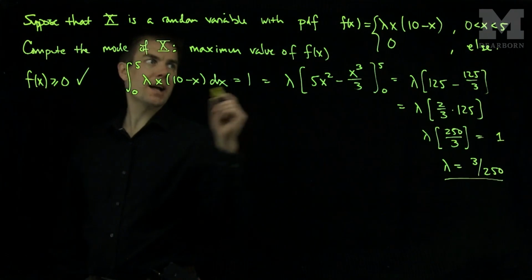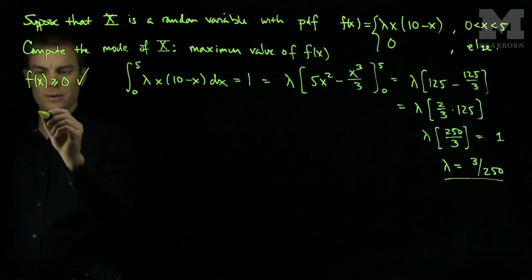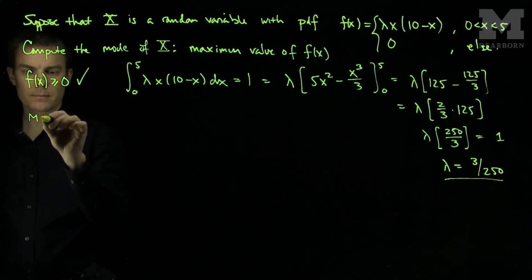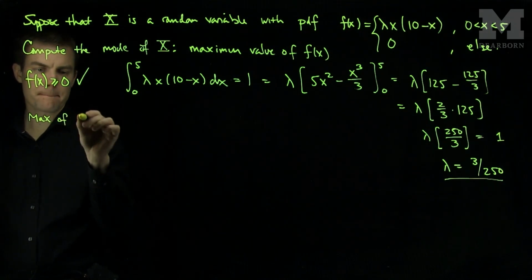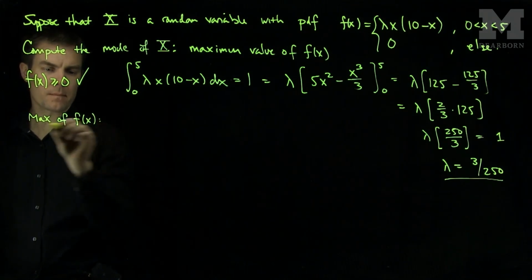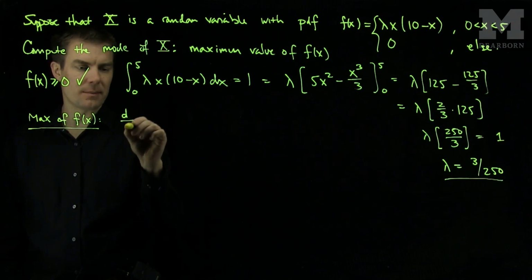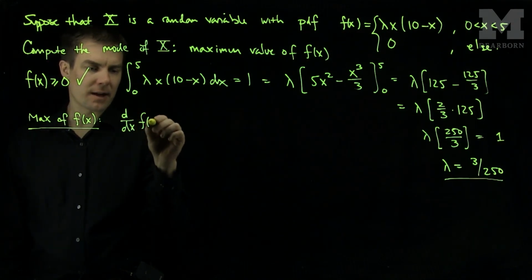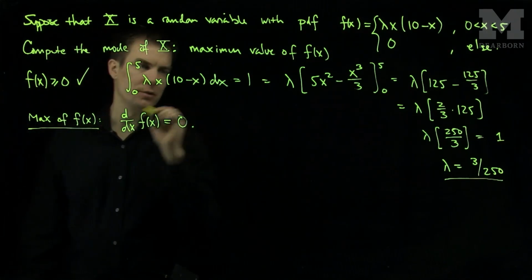Now I want to find the maximum of this function f of x. To find the maximum, we compute d by dx of f of x and set it equal to 0.